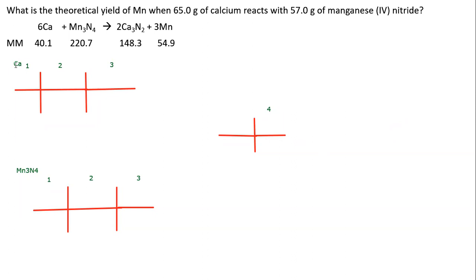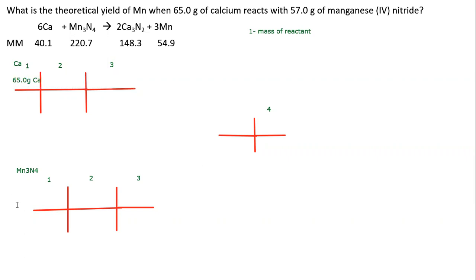So let's start with calcium. In track 1 is the mass of reactant. That's what you're always going to put in track 1 when you're given mass of reactant. So let's go ahead and do that. We're going to put the mass of reactant that we were given in the problem.